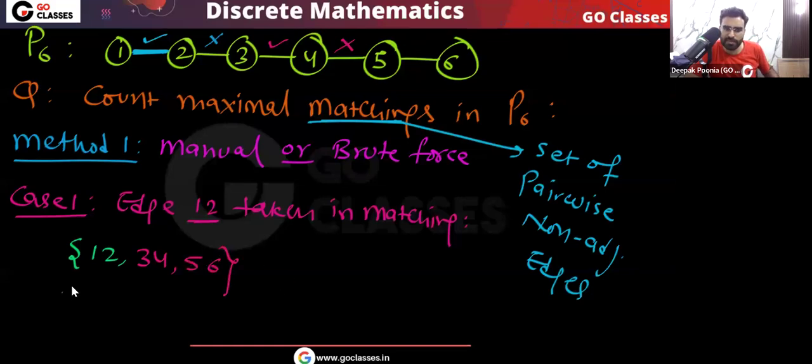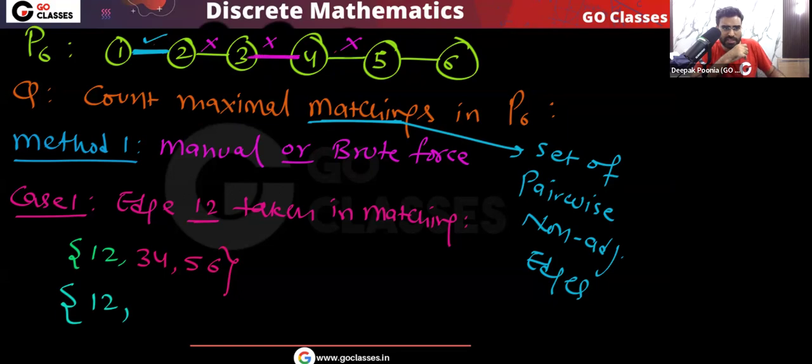This is one maximal matching. Another: if I take 1 2, then I cannot take 2 3. Now if I don't take 3 4, I must take 4 5, because if I don't take 4 5, then I could have taken 3 4, and I will not get a maximal matching.